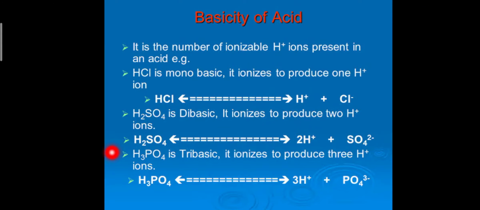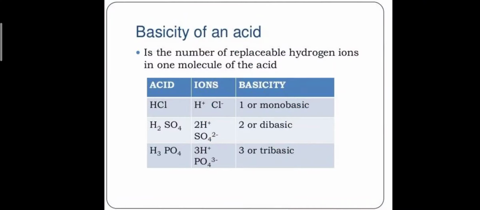And H3PO4 is tribasic. It ionizes to produce 3 H+ ions. Basicity of an acid is the number of replaceable hydrogen ions in one molecule of the acid. For example, HCl is monobasic, H2SO4 dibasic, and H3PO4 tribasic.